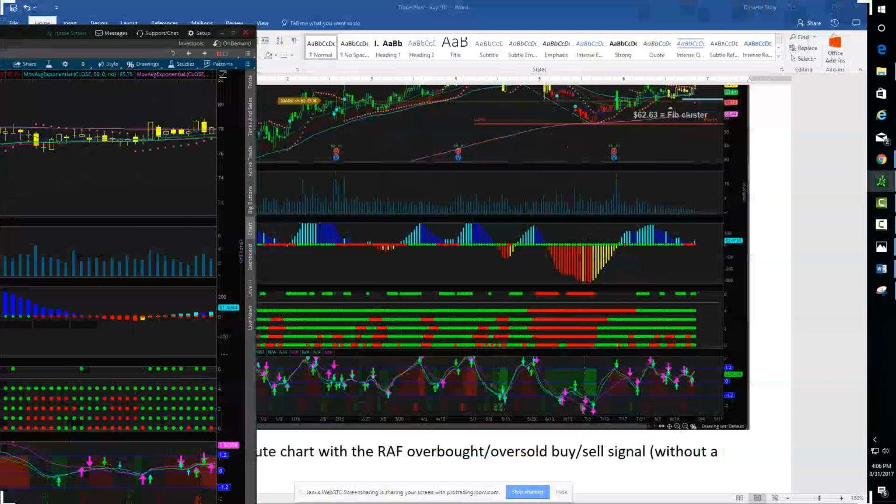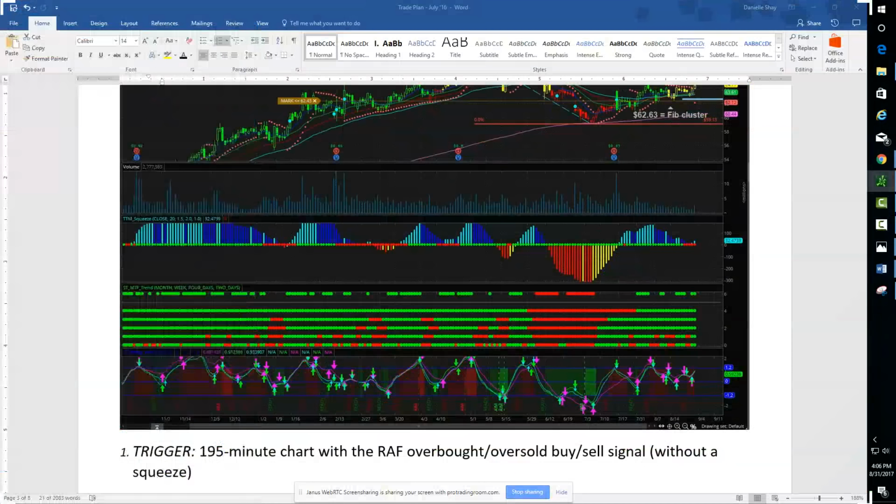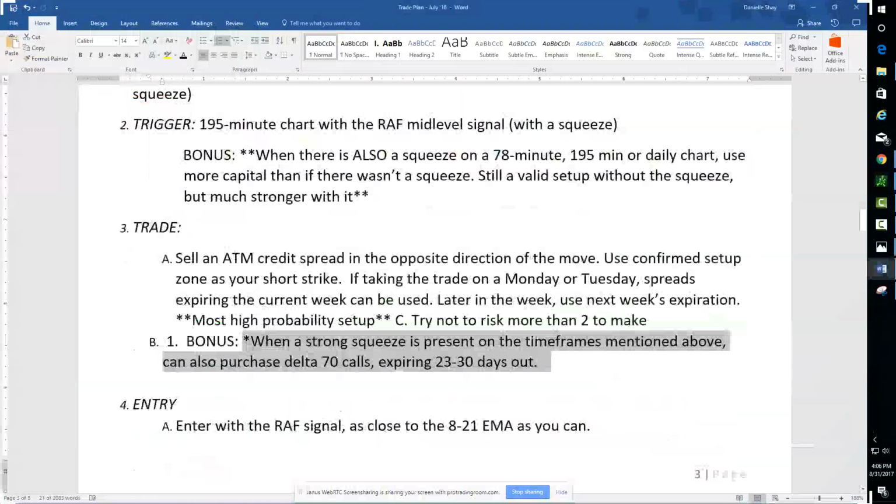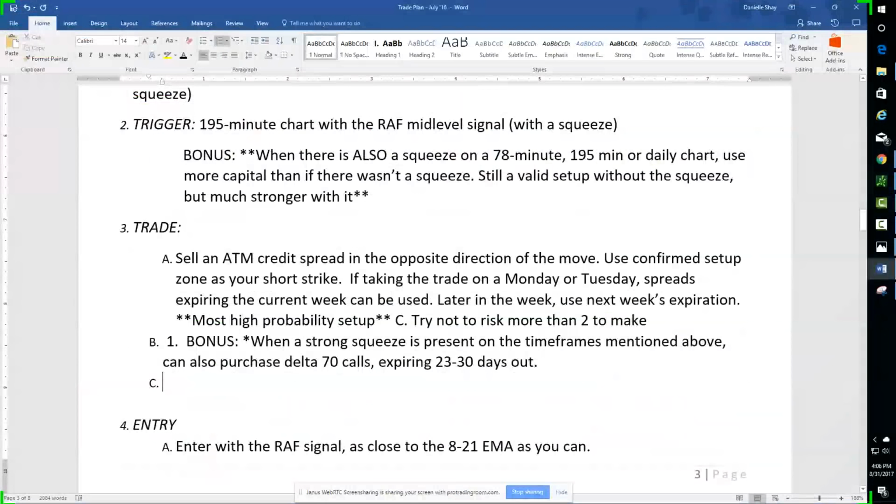Yeah, Miles, and absolutely you can buy a debit spread. That's what I did with Baidu today because I didn't want to buy calls on Baidu. So you can absolutely buy a debit spread about 23 days out. You don't have to do it as far out as the calls just because it's not as affected by the theta decay as the calls are.